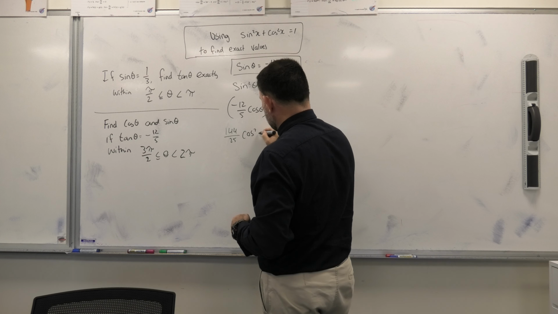So what I can do in this case is I can start adding things together. Okay, so if I'm going to add things together, I'm going to have 1 over 1. So therefore I'm going to have to times it by 25 and increase these here by 25. So if I collect like terms, I'm going to get 169 over 25 cos squared theta is equal to 1.